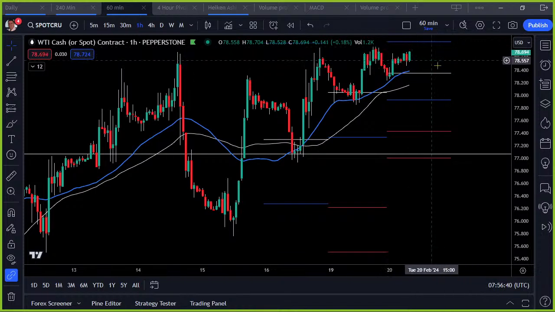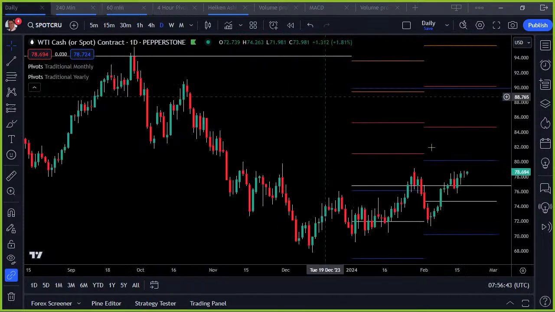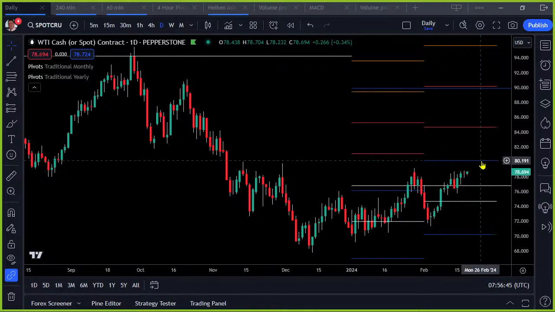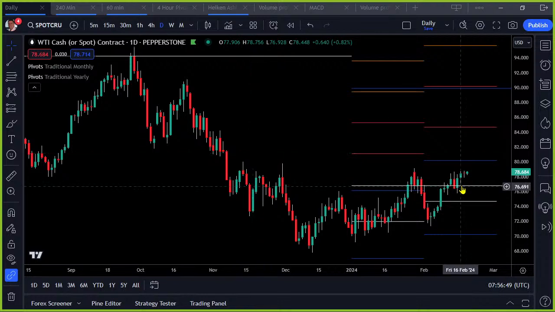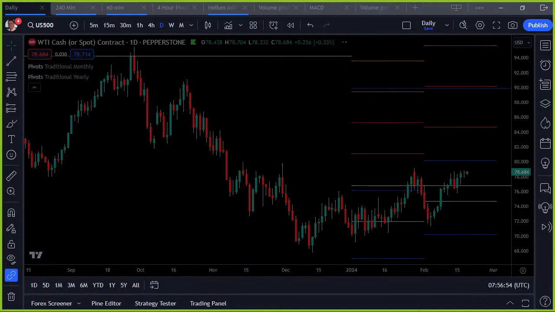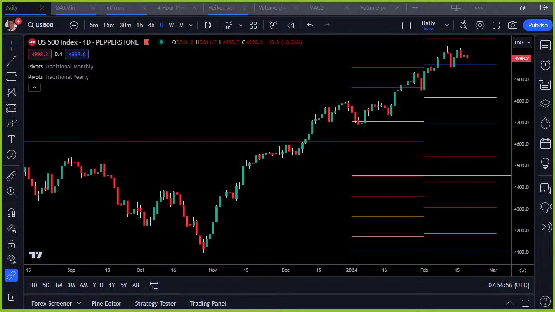So perhaps we will eventually get the break to the upside. I expect this to start pushing back up though. Sentiment on oil from the bigger money has gone a bit more bullish, so hopefully we'll see something soon.